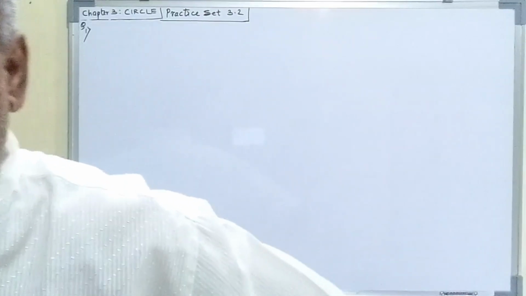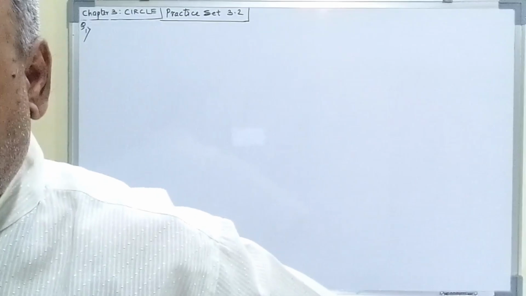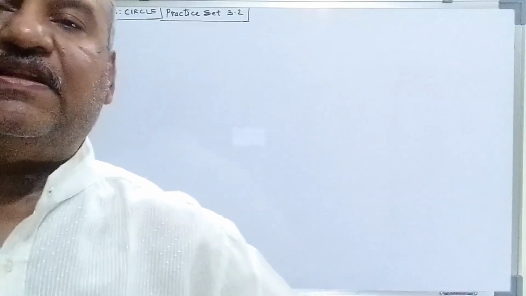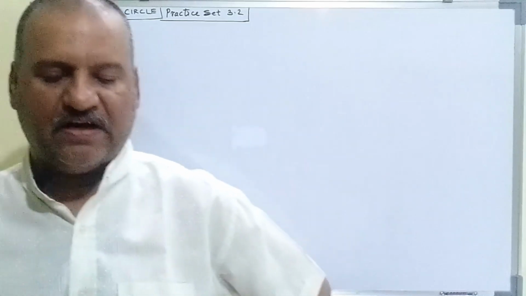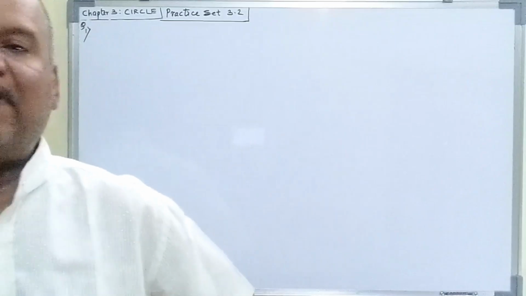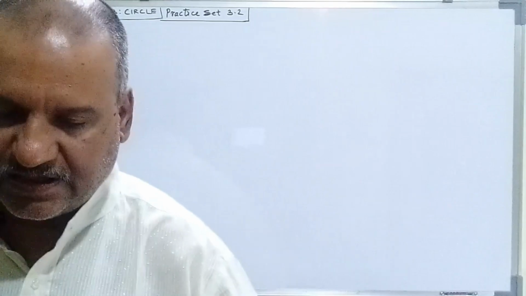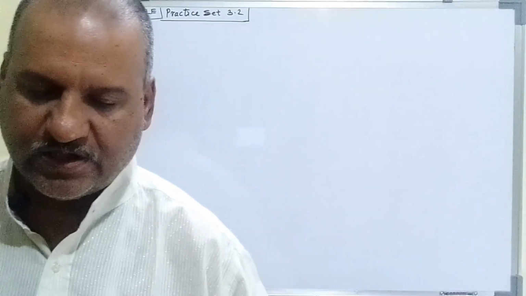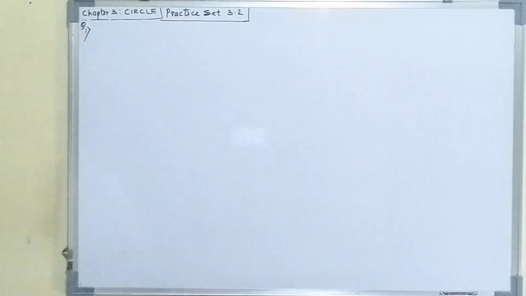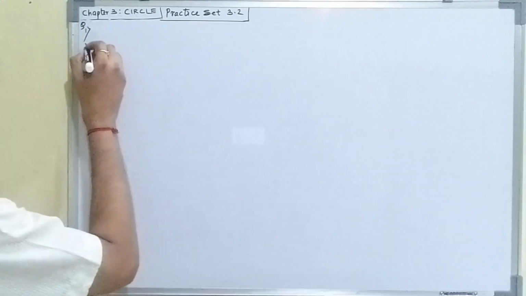If two circles having radii 3.5 and 4.5 touch each other internally, then the distance between their centers. See, they have given us two radii, R1 and R2. One is 3.5, other is 4.5. And they touch each other internally. So, what is the distance between their centers? So, हमें लिखना है solution.